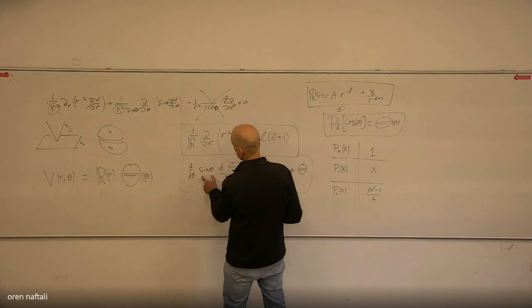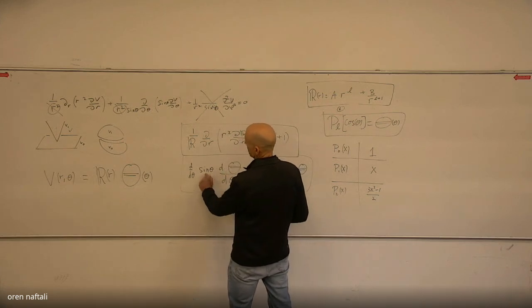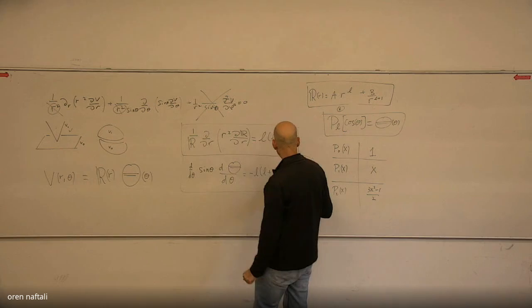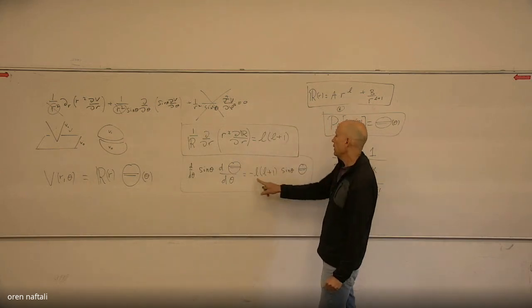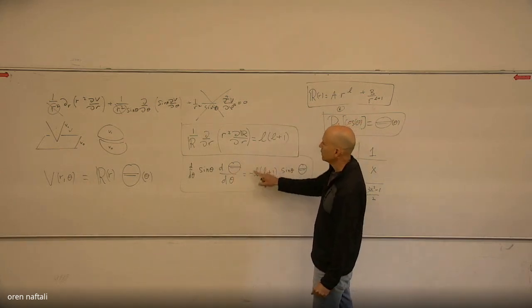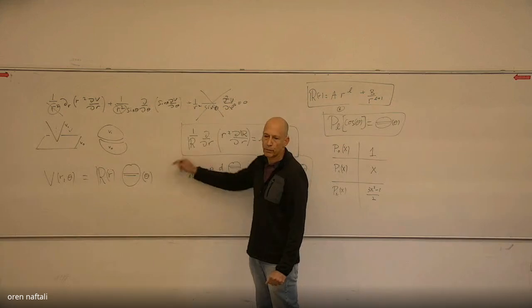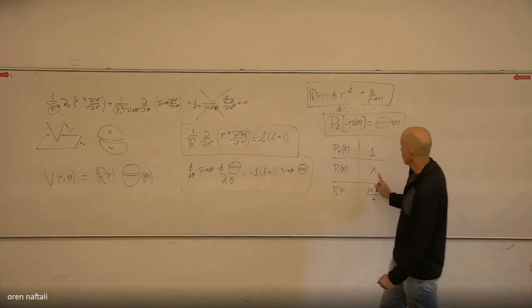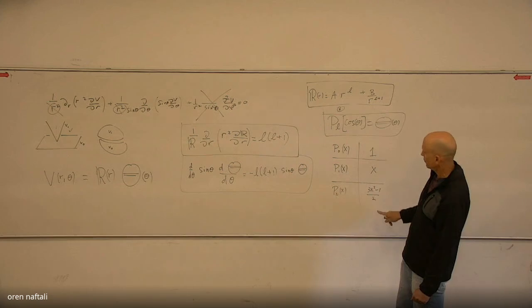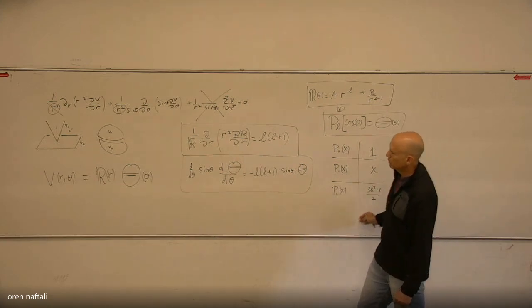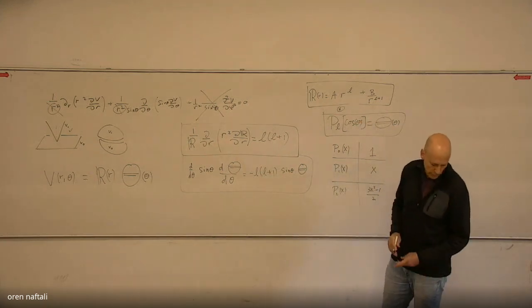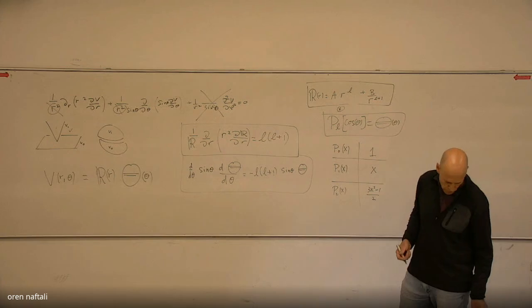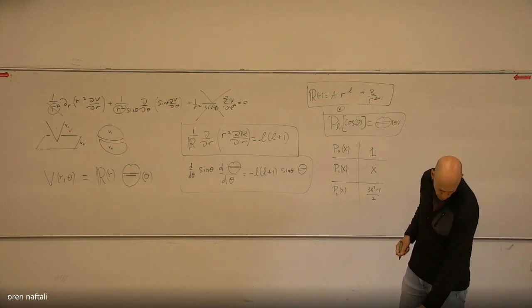Then I'll have sine squared, take the derivative. I'll get a cosine times a sine. And here I have a sine times a cosine. And L plus 1, L is equal 1, gives you 2. So you can more or less see it for this case and this case. And for this case, you need to work and plug it in if you have nothing to do in your life, and show that this is the solution.